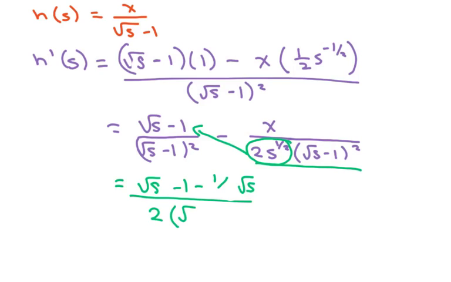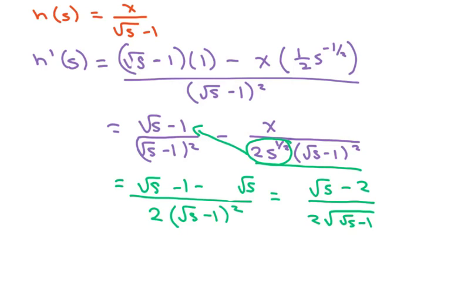I'm going to erase this, the 1/2. And when you simplify, this is going to equal square root of s minus 2 over 2 square root of s minus 1 squared.